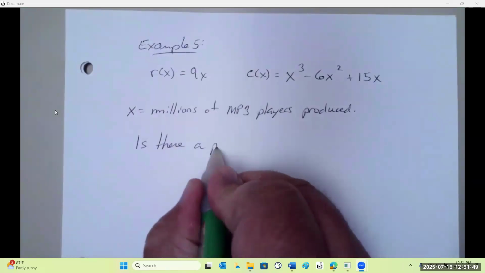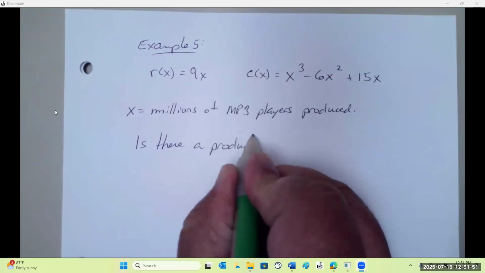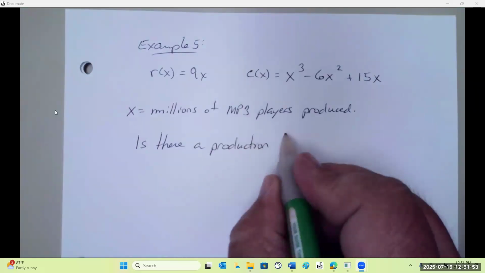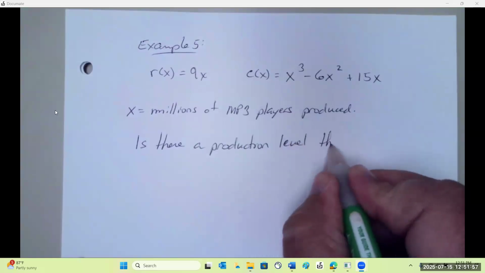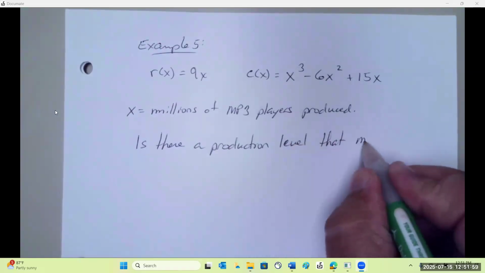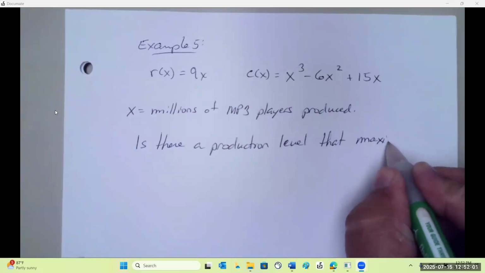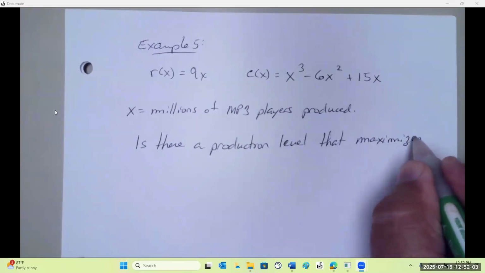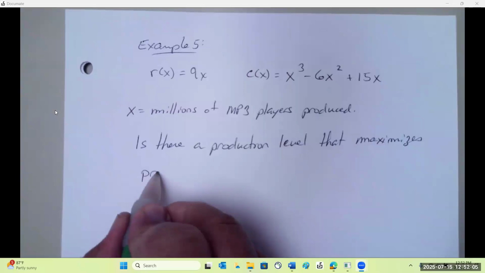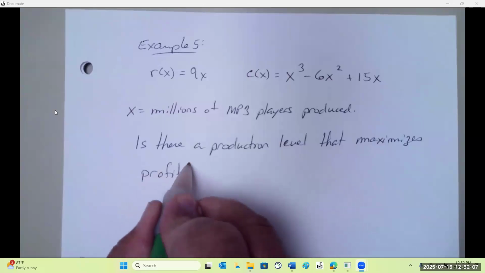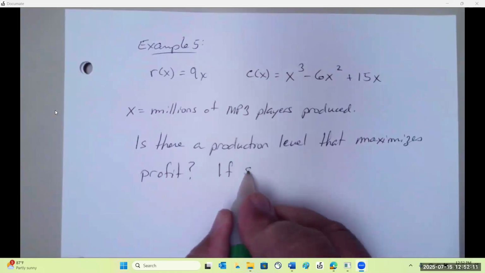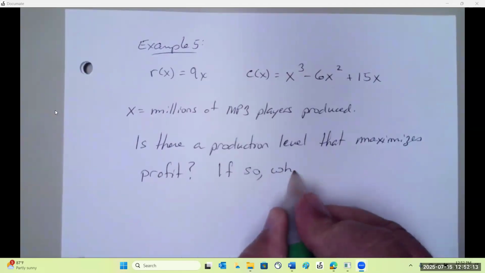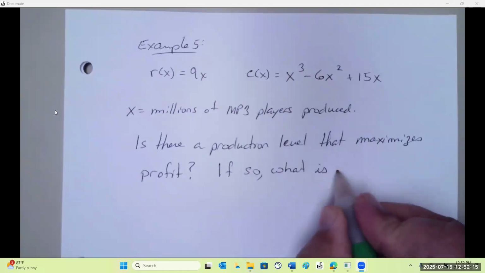Is there a production level that maximizes profit? If so, what is it?